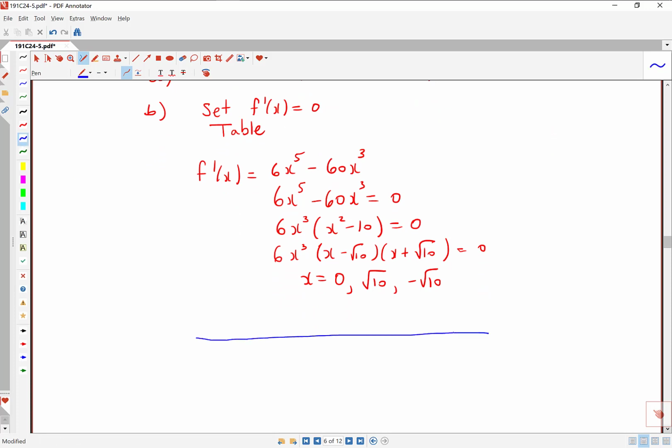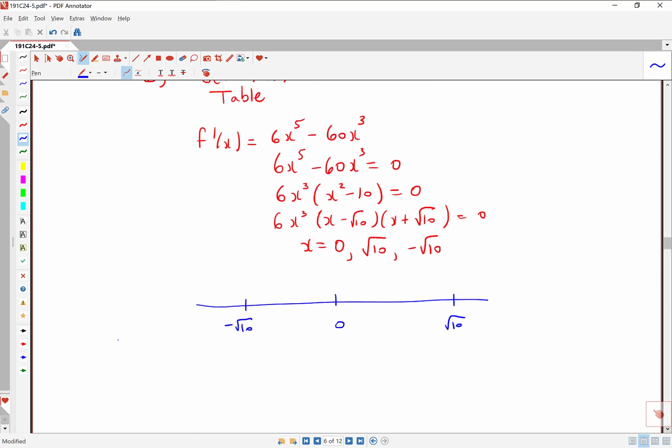So when we say table, we mean draw the number line, put your x values on there. Okay, so they should be in order. Negative root 10 would be here, 0 would be there, root 10 would be there. And what we need to figure out is whether our function is increasing or decreasing along each interval.